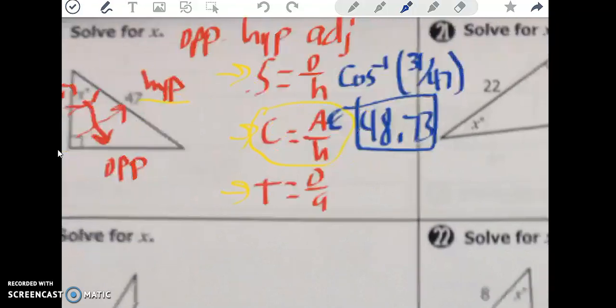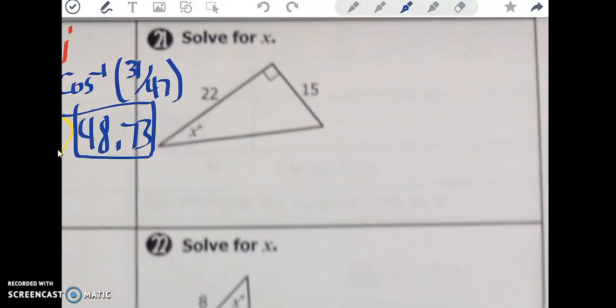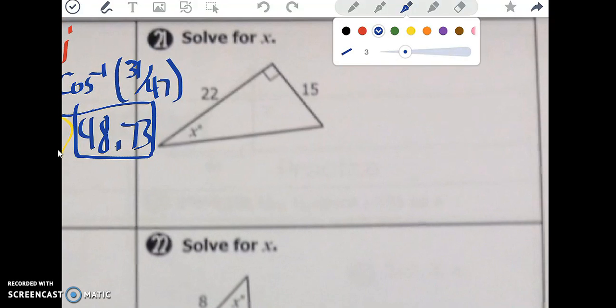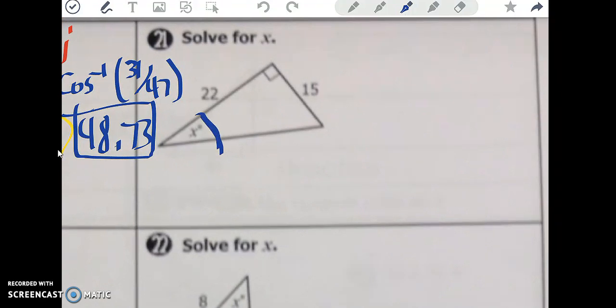So now let's take a look at 22. On 22, angle X is our location. You've got to remember, label your sides to see which one's which. First let's identify the hypotenuse, which is directly across from the right angle. So this is the hypotenuse. Then the 22 here is the one that's right next to it.